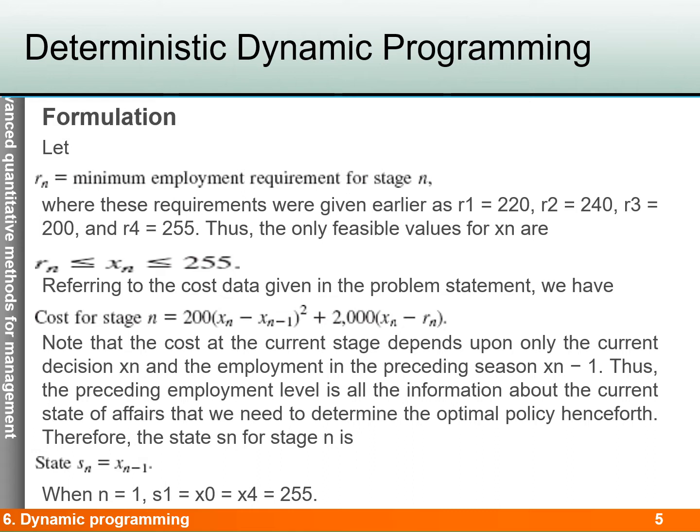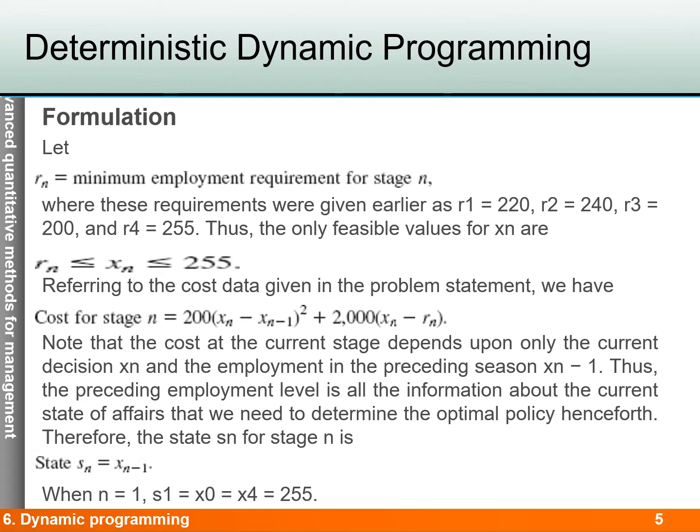Okay, so as you see here, this is the difference with the previous items. In the other items, we had Xn as only one amount, but here we are talking about continuous variables, Xn, that move between Rn and 255 as a maximum. Besides, referring to the cost data given in the problem statement, we have this cost.